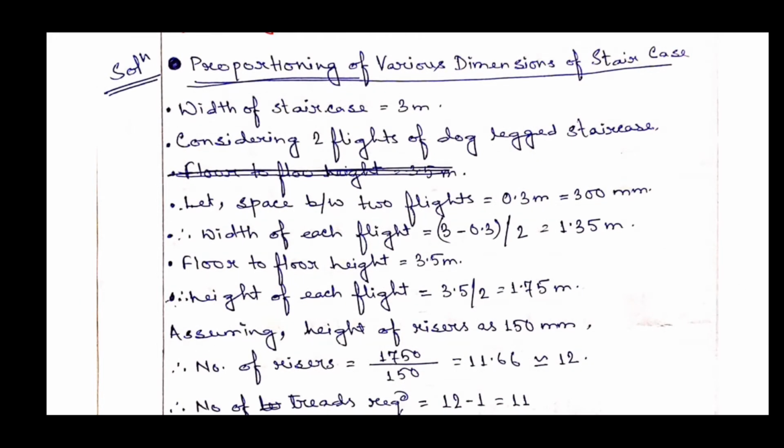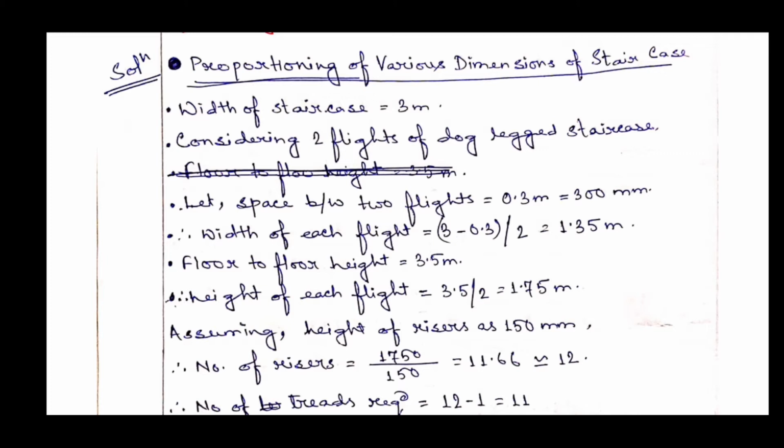So, proportioning of various dimensions of the staircase. The width of the staircase is given, that is 3 meter. Considering two flights of a dogleg staircase, for a floor we have to definitely consider two flights, right? Let the space between two flights be 0.3 meter or 300 mm.